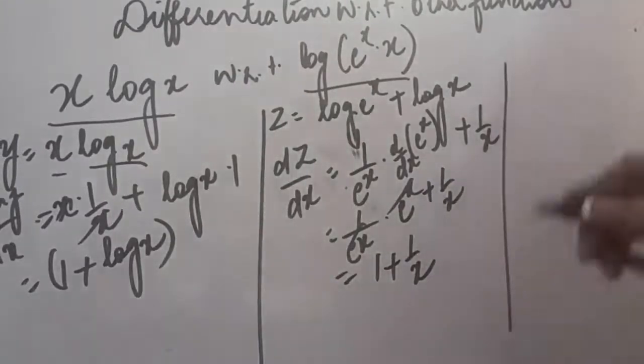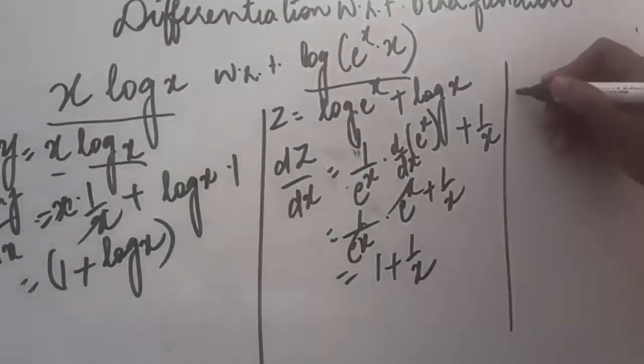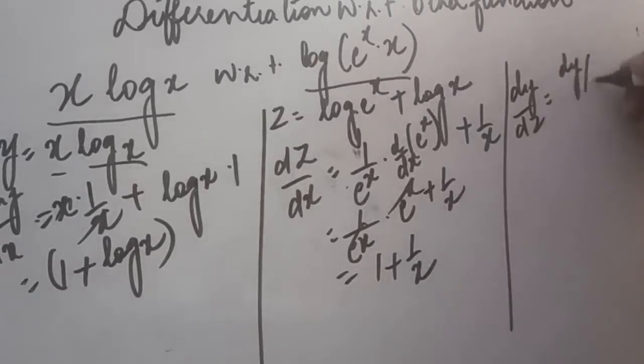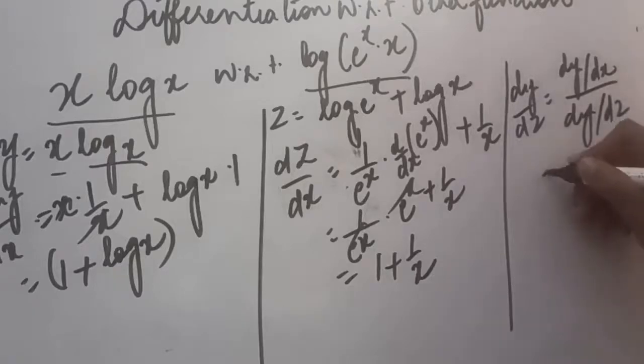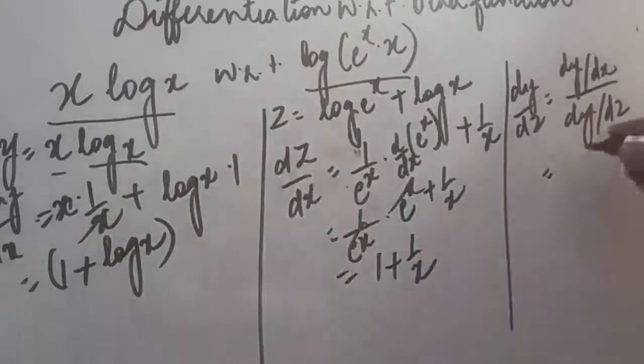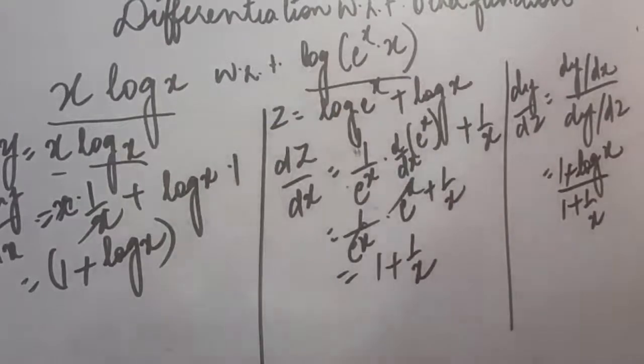Now finally, just filling the values in our final formula, we have to calculate dy upon dz, and we have seen our formula is dy upon dx divided by dz upon dx. Now dy upon dx, the first part, that is 1 plus log x, divided by 1 plus 1 over x.